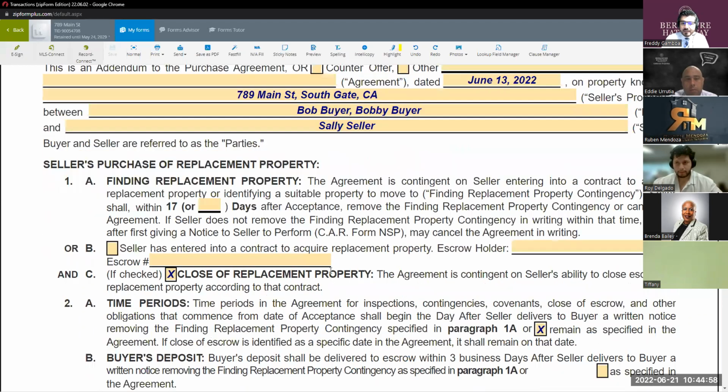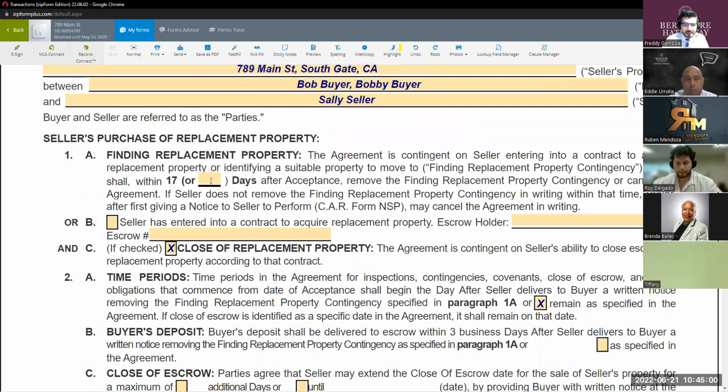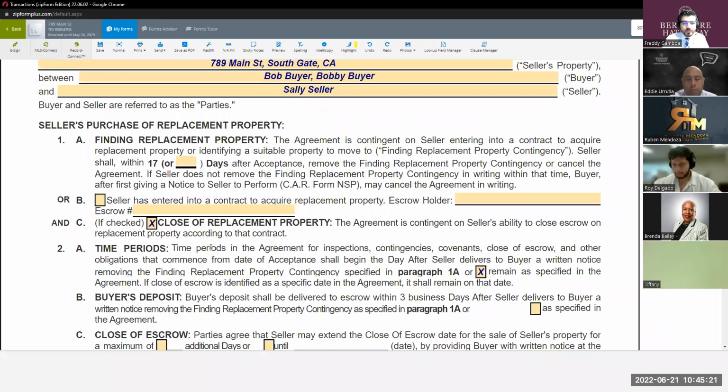Now the seller has 17 days to find a replacement, or if checked on AC, the entire agreement until you find a replacement and close that escrow on the upleg to remove that contingency. I would definitely recommend you always use seller 1C, the close of replacement property, to remain in effect for that contingency.